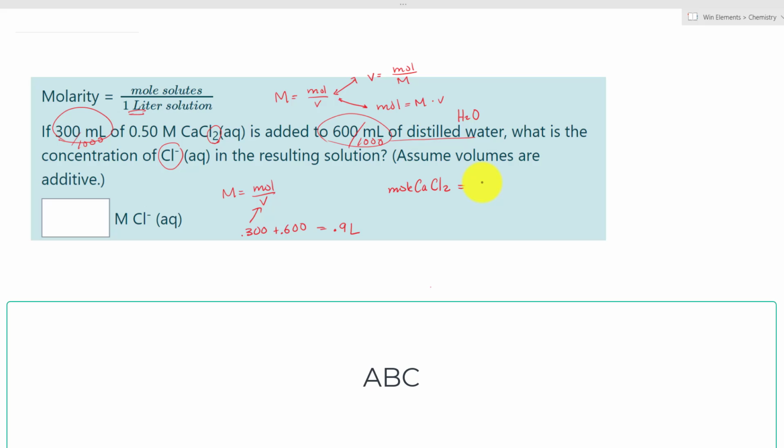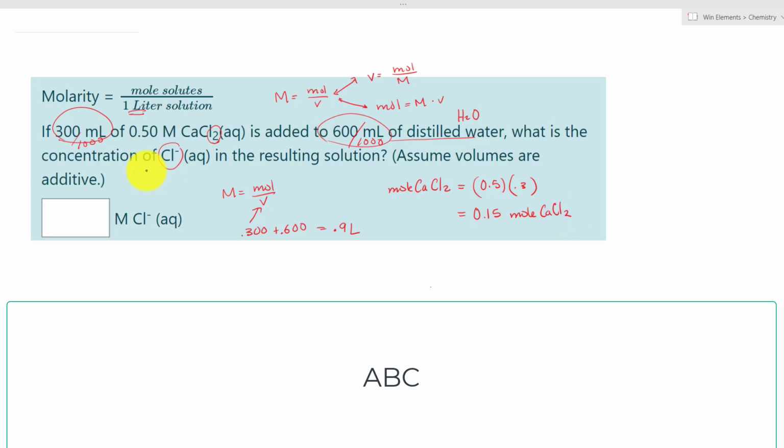In this case, we have 0.5 times the volume of this solution, so it's 0.3. We're not using 0.9 because 0.9 has the distilled water in it. 0.5 times 0.3 is equal to 0.15. There you go. This right here is your moles of calcium chloride.